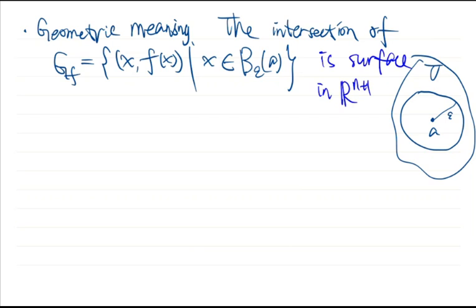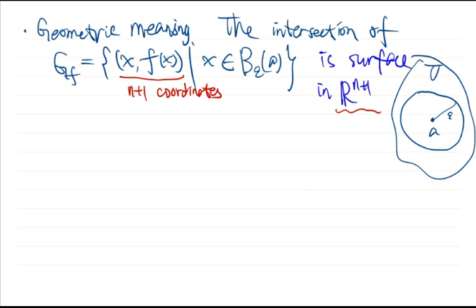So why is this R^(n+1)? Because f is an n-variable function. Therefore x, the independent variable, has n coordinates, and f is a real number. So all this together is n plus 1 coordinates.